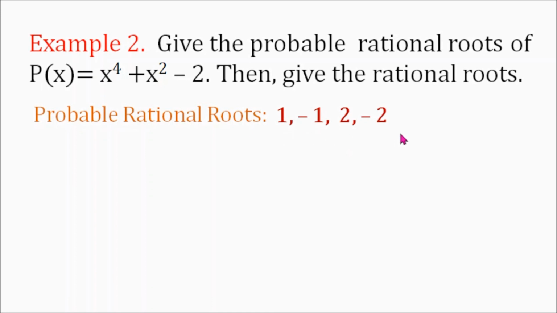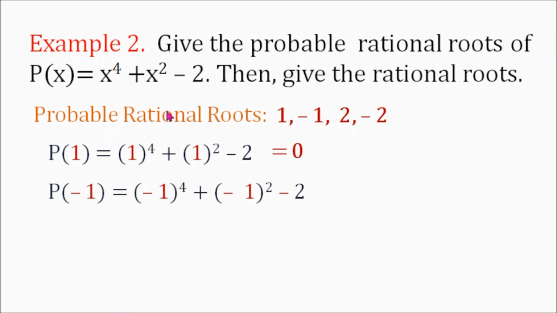So we have these combinations. And trying 1, evaluating our polynomial at x equals 1, the answer equals 0. And trying negative 1, we also get 0. And if we try 2, it will not give us 0. And if we try negative 2, it will not give us 0 either. So the rational roots are 1 and negative 1.